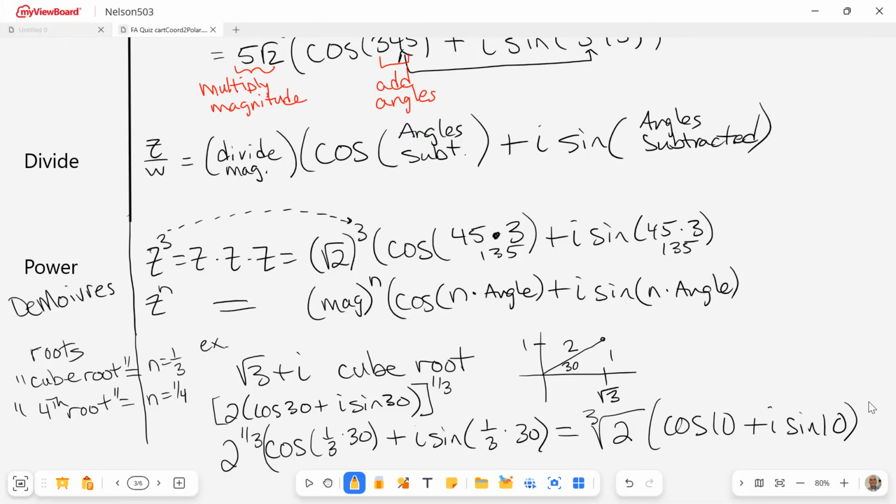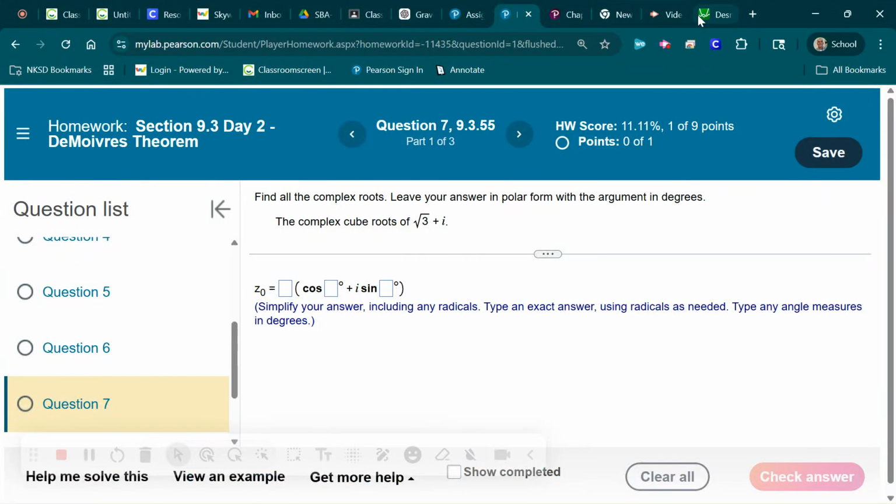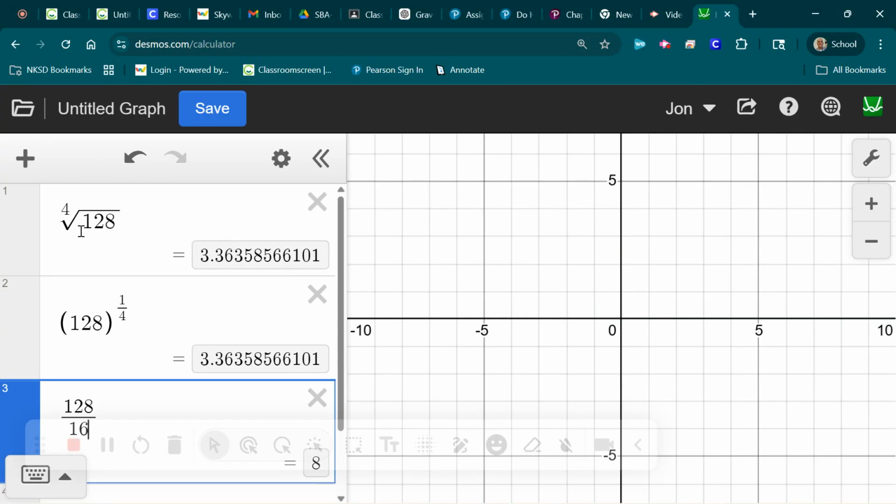Now here's the bad news. Did you know that if you're taking the cubed root, you actually have 3 answers? If you're taking the fourth root, you have 4 answers. Let me jump over to Desmos for a second. If I'm taking the fourth root of 128, I get 3.36.